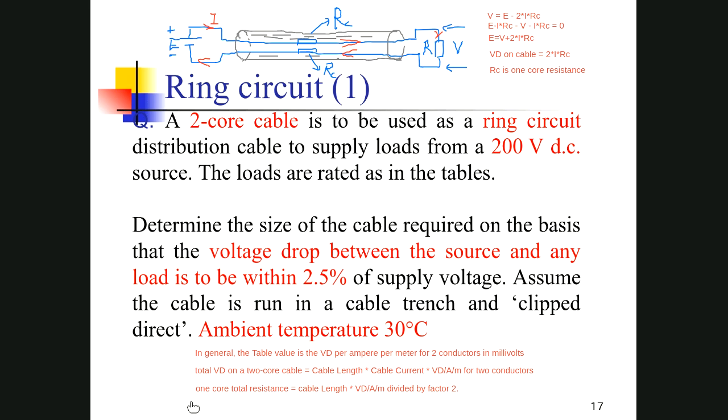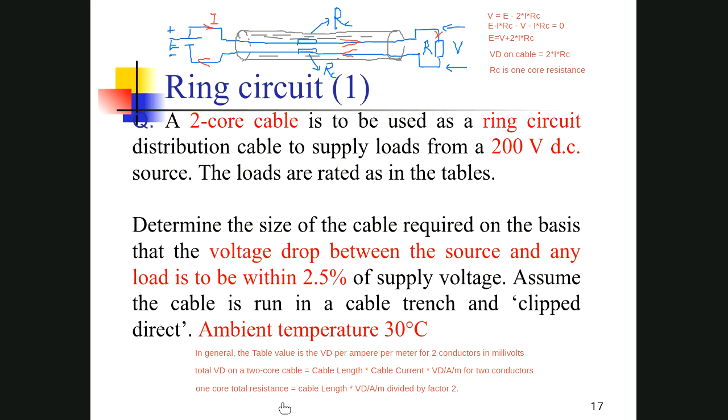And one core total resistance is the cable length times the voltage drop per ampere per meter from the table values divided by factor 2, because the voltage drop per ampere per meter in the table is for two conductors. So you divide it by 2 to get the one core total resistance.